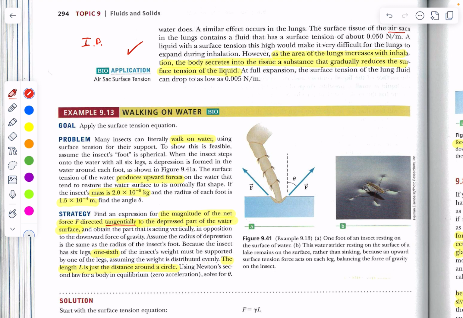That's an awful lot of surface area across which oxygen and carbon dioxide can diffuse. Oxygen in through the alveoli to your capillaries and your circulatory system, and carbon dioxide out of the capillaries and eventually exhaled. And what's interesting is that your body secretes into the tissue a substance that gradually reduces the surface tension of the liquid. Otherwise, it would be very, very difficult for you to breathe because of the surface tension.